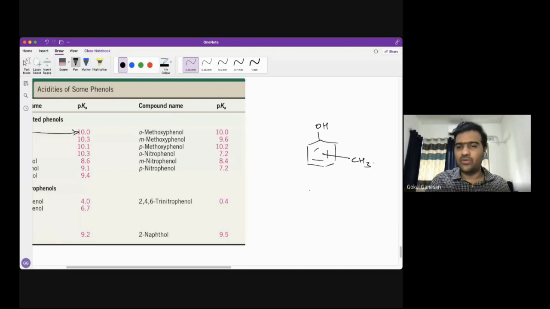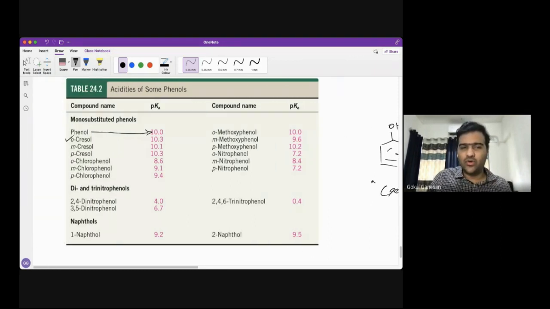This class of compounds is called cresols, right? Depending upon whether the methyl is on the ortho, meta, or para position, you would name it as orthocresol, metacresol, or paracresol. And you see that for each of these three cresols, the pKa value is slightly greater than the pKa value for phenol.